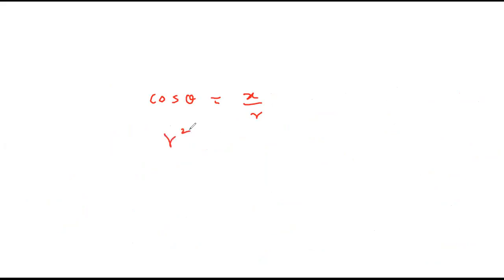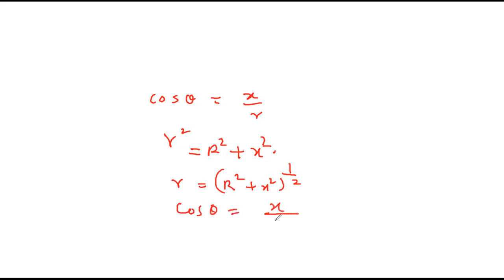Now, cos theta, if you have drawn the diagram, is adjacent side x upon hypotenuse r, yes? Now we can say small r square equals capital R square plus x square. That means r equals square root of R square plus x square. Therefore cos theta is x upon R square plus x square raised to half.